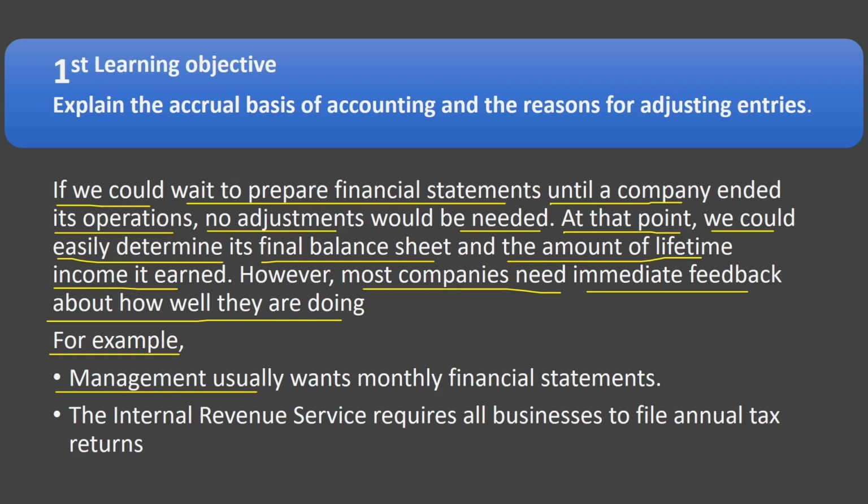mostly management wants monthly financial statements to check their performance, and in the second example, the Internal Revenue Service requires all businesses to file annual returns. That's why we prepare the financial statements and need immediate feedback on how we are doing the operations of the business.